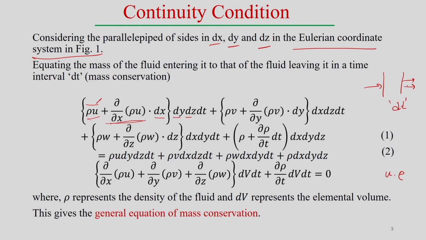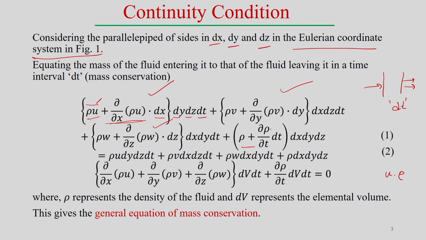The area of this particular phase, normal to the x axis, equals dy into dz, and this is happening over the time dt, so we multiply by dt. Same thing, this is for the x component, this is for the y component, and this is for the z component. And there is also rho plus del rho by del t.